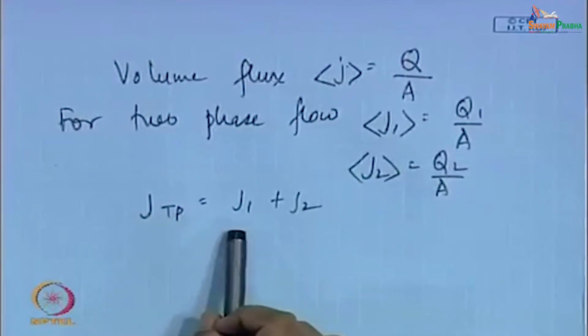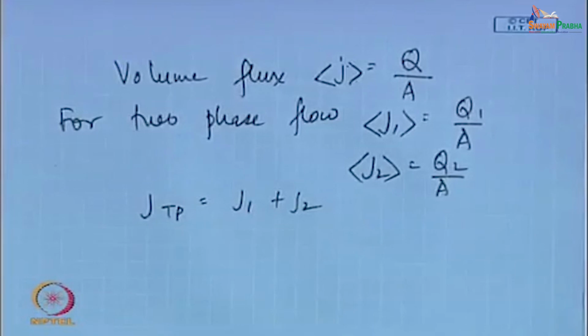Remember, superficial velocity was the velocity which the fluid would have had if it flowed alone in the pipe, right? And volumetric flux is simply the volumetric flow rate divided by the total area. So by definition they are not the same, and volumetric flux is a vector quantity, but for the present situation it will be used exclusively to represent the scalar component in the direction of motion along the pipe.